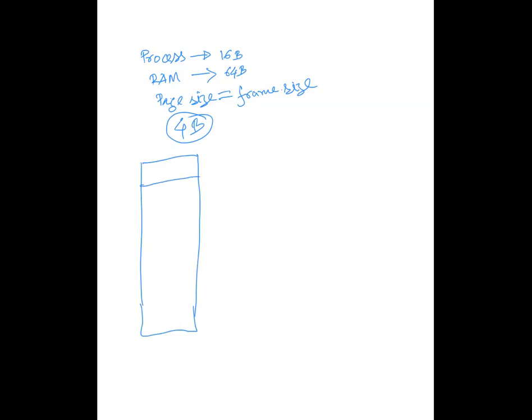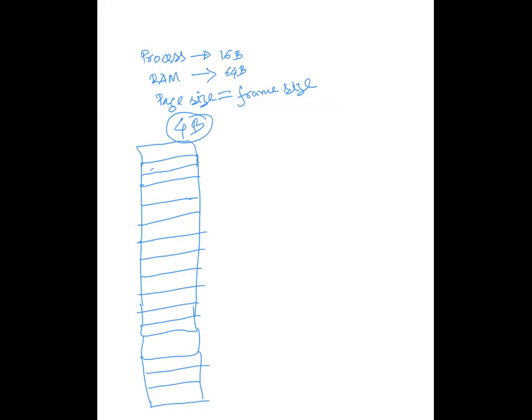This is 1, 2, 3, 4, 5, 6, 7, 8, let's say 9, 10, 11, 12, 13, 14, 15, and this is 16.